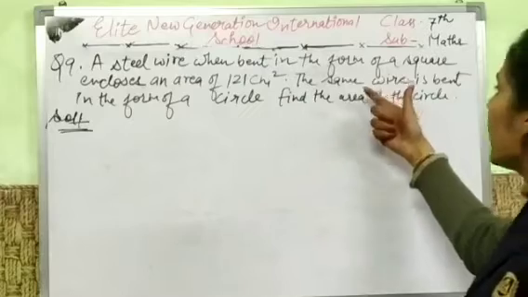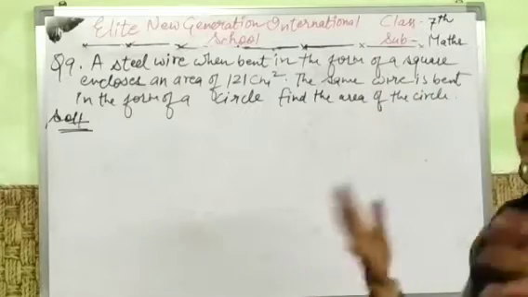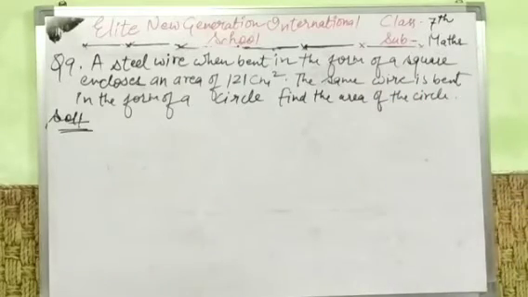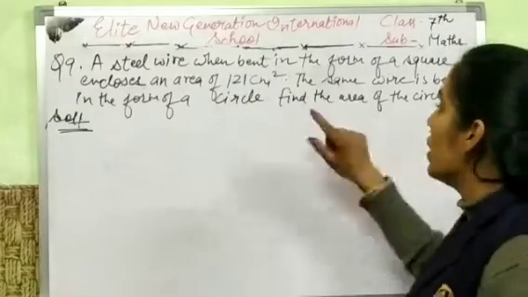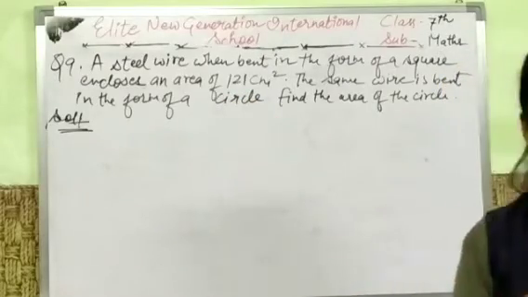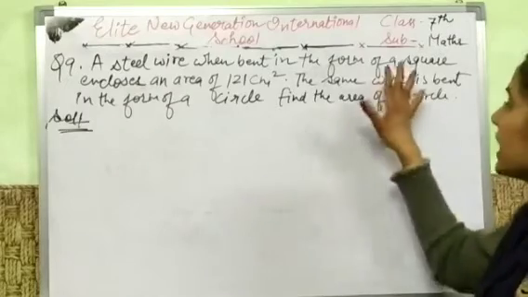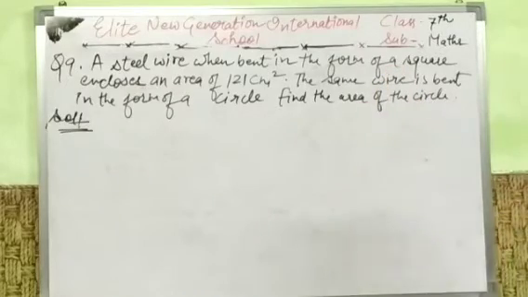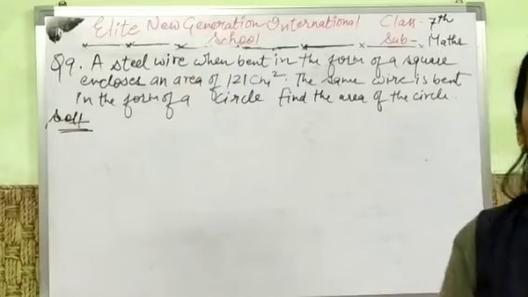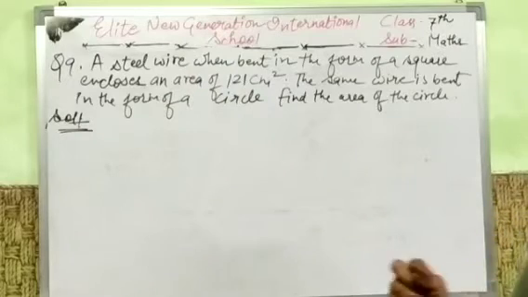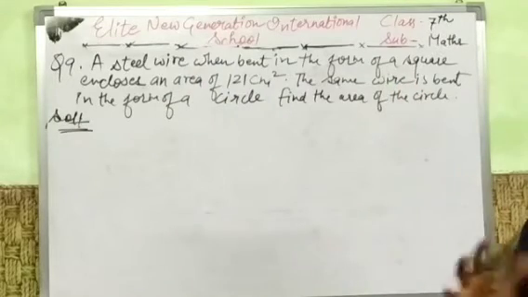We have to find the area of the circle. Because the wire is the same in both cases, when it is in the shape of a square as well as in the shape of a circle.